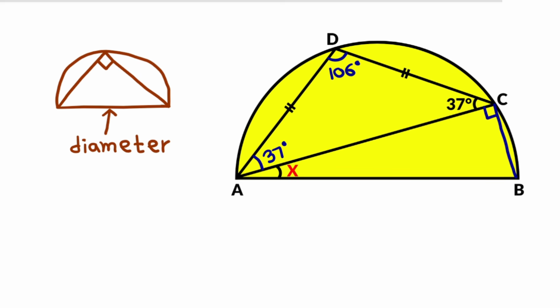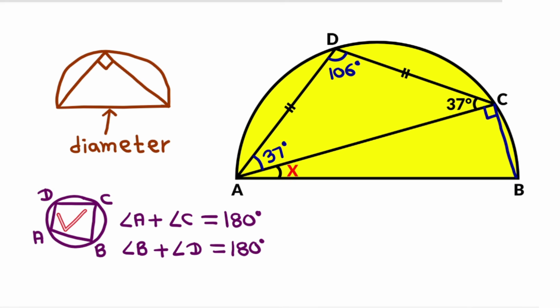Now look at the larger shape. Points A, B, C, and D all lie on the same circle. That means ABCD is a cyclic quadrilateral. And every cyclic quadrilateral has a beautiful property. Its opposite angles always add up to 180 degrees.